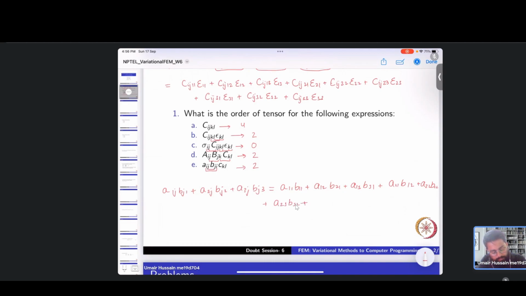Then we expand the third term, A31, B13, A32, B23 plus A33, B33. And now above all this we have common Ckl.